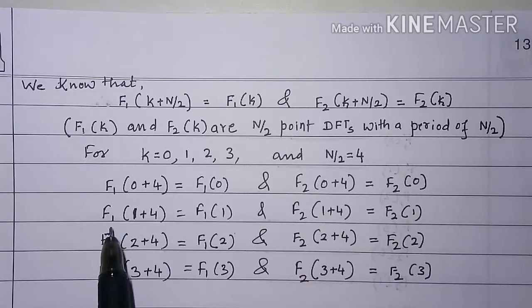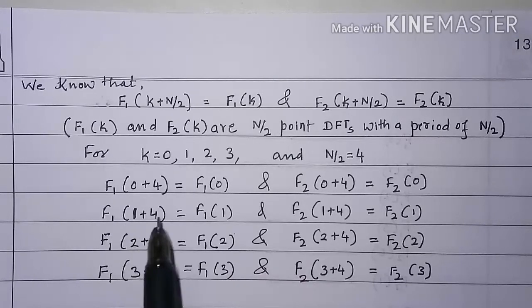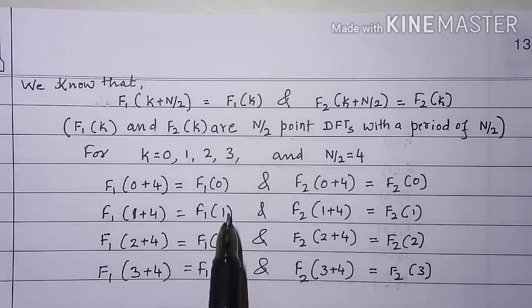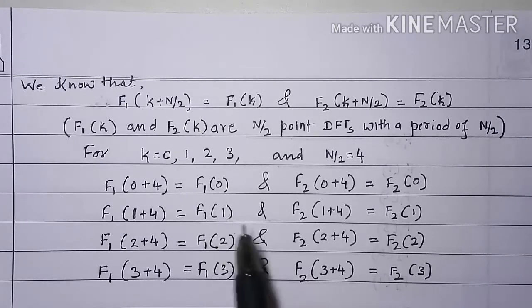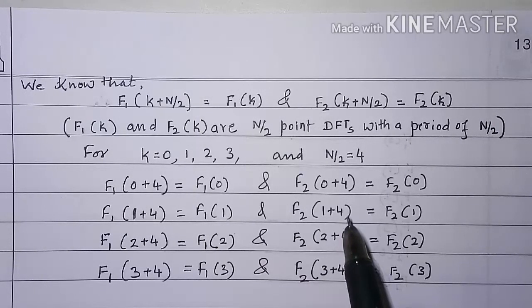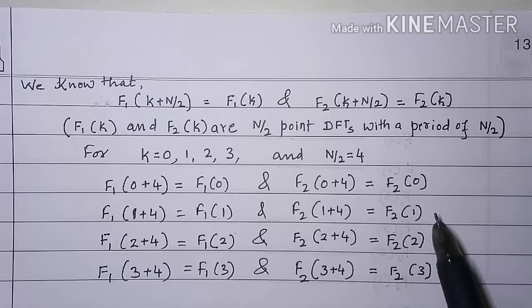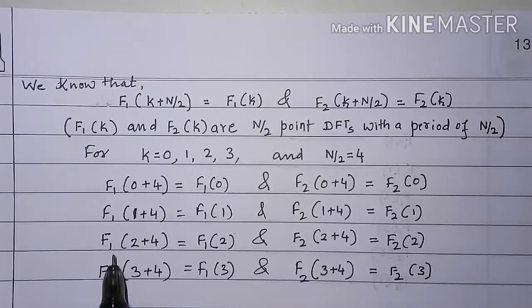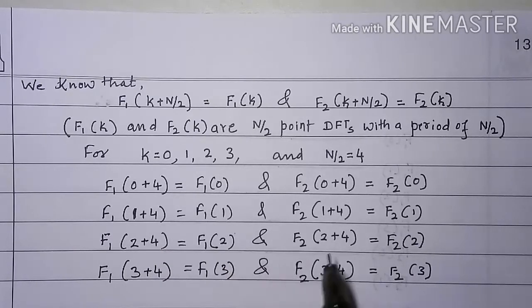You can write F1 of 5 as F1 of 1 plus 4 equal to F1 of 1 only, and F2 of 1 plus 4 by periodicity property is F2 of 1. Similarly, we can write F1 of 2 plus 4 as F1 of 2, F2 of 2 plus 4 as F2 of 2, F1 of 3 plus 4 as F1 of 3, F2 of 3 plus 4 as F2 of 3.